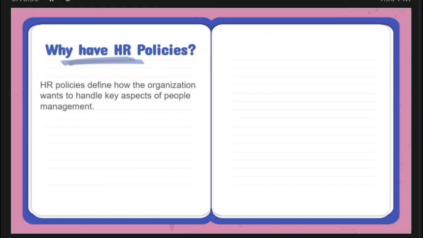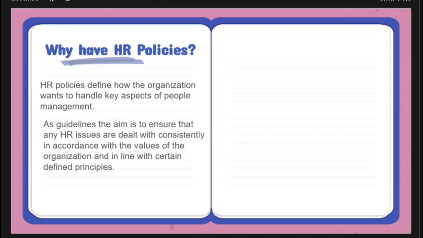HR policies define how the organization wants to handle key aspects of people management. As guidelines, the aim is to ensure that any HR issues are dealt with consistently in accordance with the values of the organization and in line with certain defined principles.